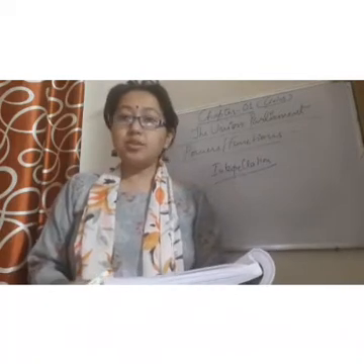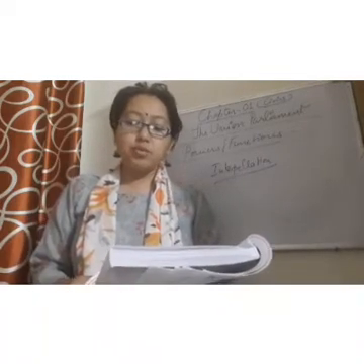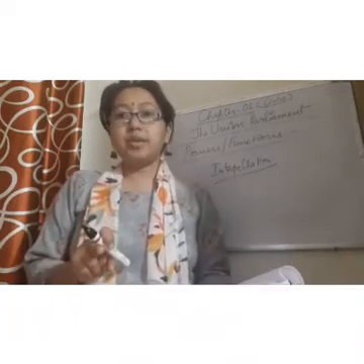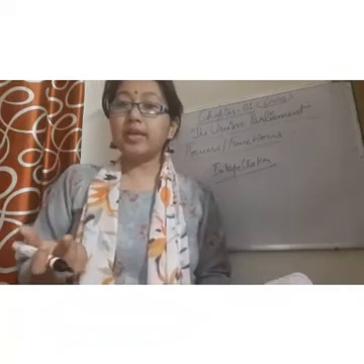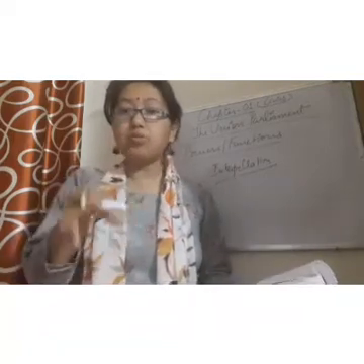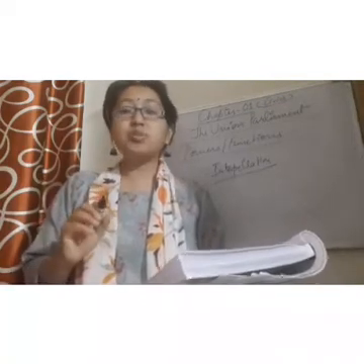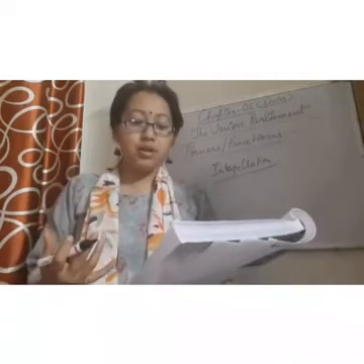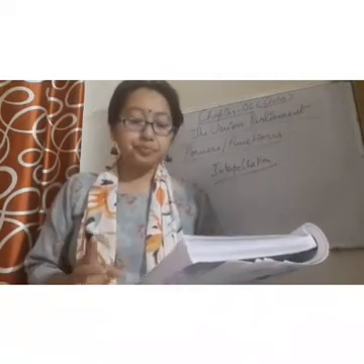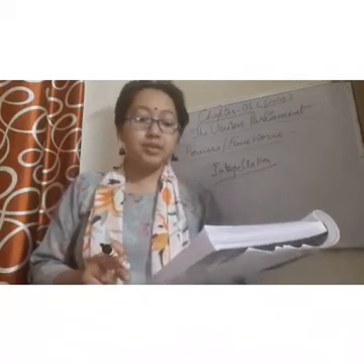Now, next is censure motion and no confidence motion. A censure motion may be moved against a group of ministers, the council of ministers, or an individual minister, expressing a strong disapproval of their policy or some deed, right?